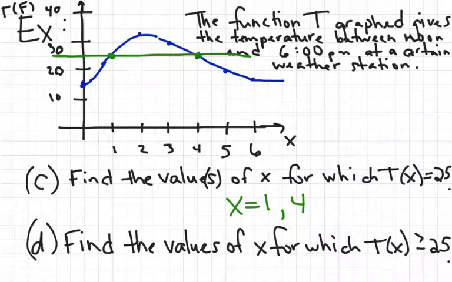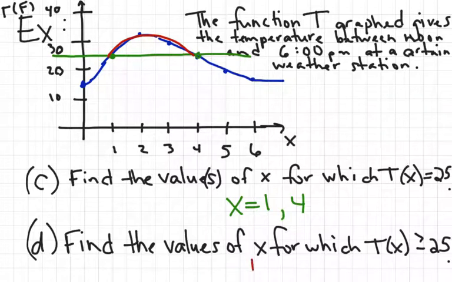Find the values of x for which T of x is greater than or equal to 25. Well, we've already drawn a horizontal line at 25. We want to know where that graph is higher than that line. Greater than means above. We can see that the graph is above 25 from here to here.